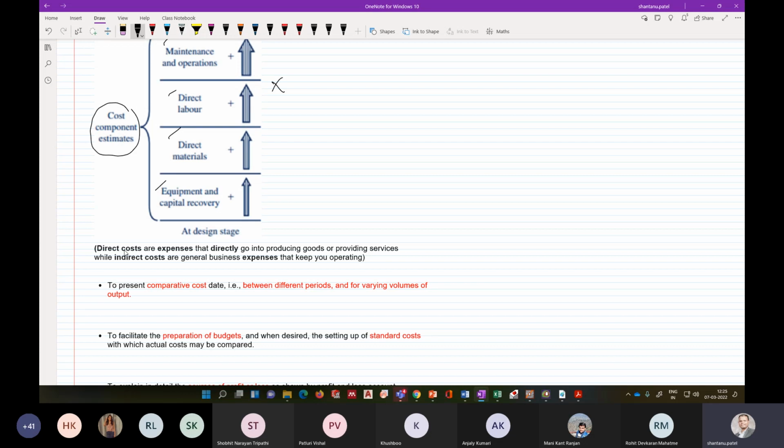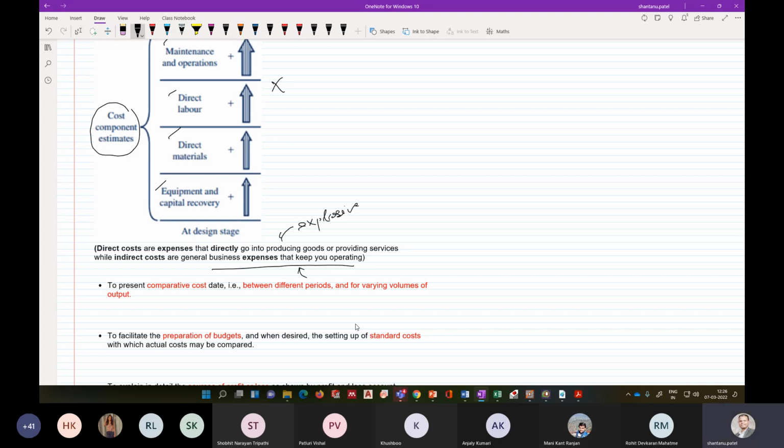For example, let's say you're spending some money on explosives, and these are your direct costs, or maybe you're putting diesel in your truck or whatever it is. Then you have some indirect costs to run your business, like your office and etc. Those are your indirect costs.